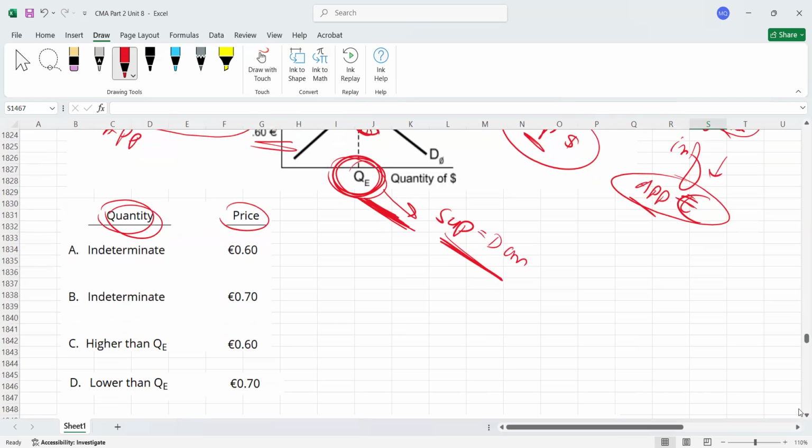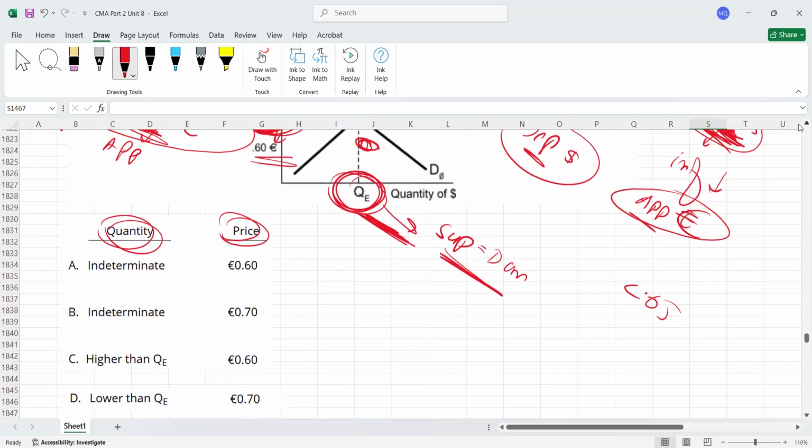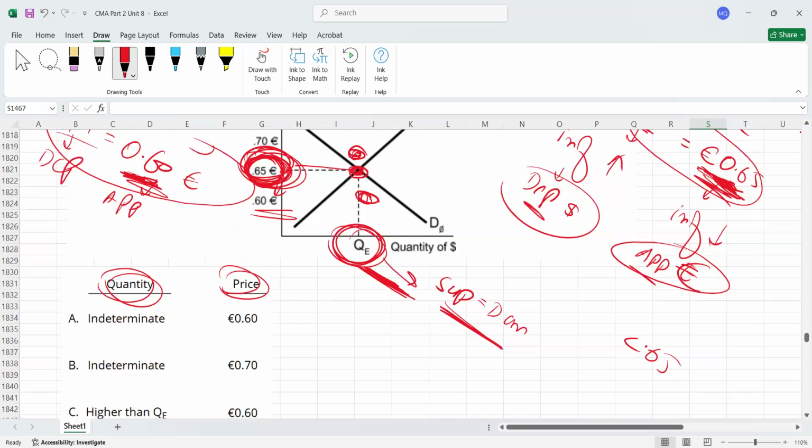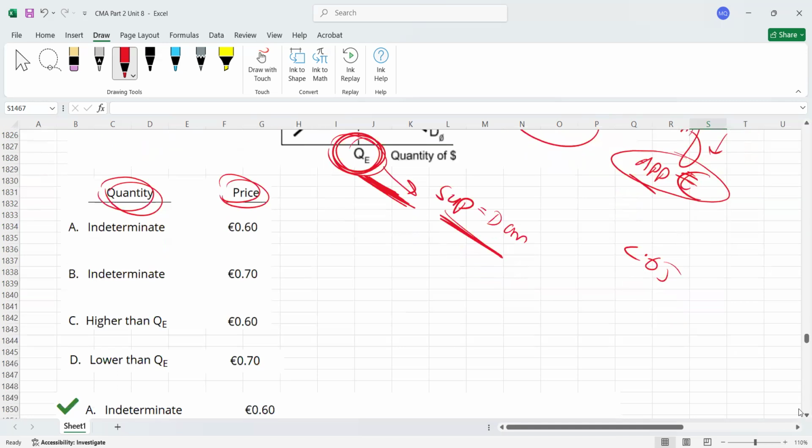We cannot determine. But the price for sure will be less than 0.65, because here it was 0.65 at equilibrium. Now the new price will be less than this. So if you look at your options, which options are less than 0.65? One option is this one and one is this one. Not this one, not this one, so these two can be removed.